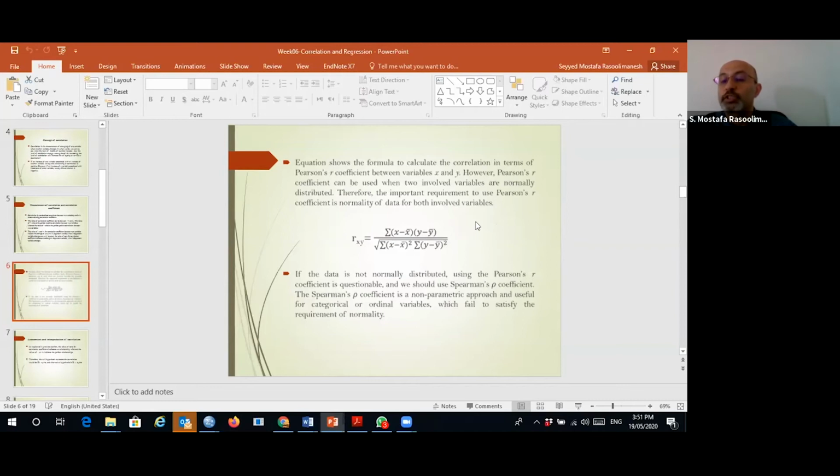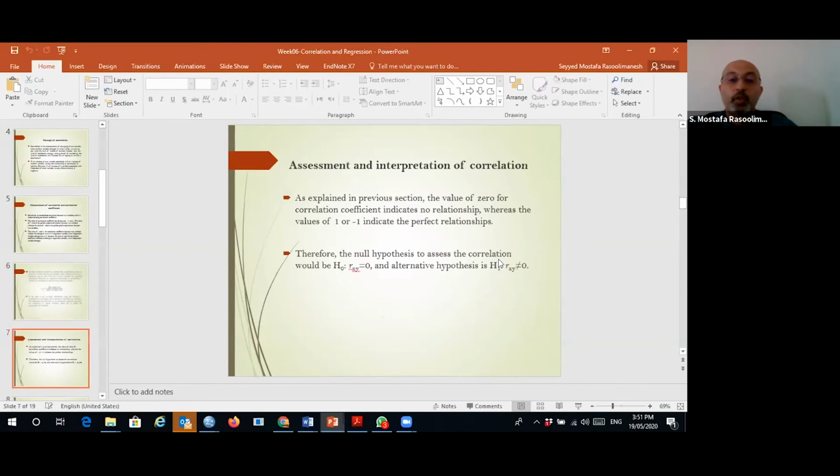The Spearman rho coefficient is a non-parametric method for calculating correlation for non-normal data. But the interpretation is exactly the same. We interpret based on size and sign, right? So this is the concept of correlation.